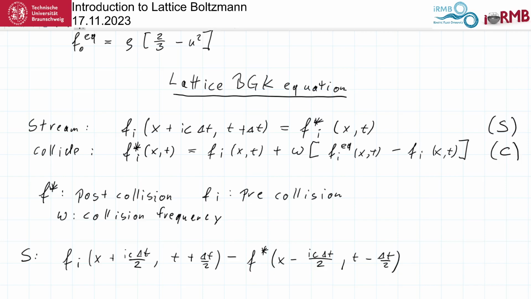So half time step previously goes to half time step next time. So you see, this is the same thing, just shifted in time, and the post-collision taken to the other side.